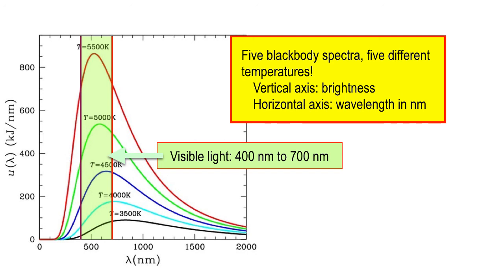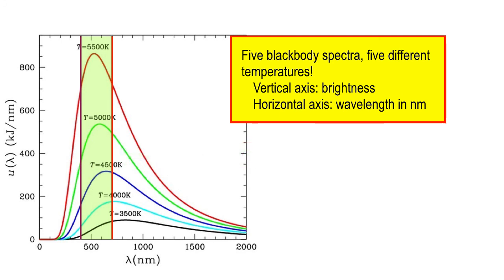So you can see that this big one at 5,500 has got a lot of brightness in the visible. And then this one down here at the bottom, 3,500, it's got most of its brightness at longer wavelengths. Those are infrared wavelengths. The cooler the temperature, the shorter the curve, it's not as tall, and the peak shifts into longer wavelengths, which are infrared.